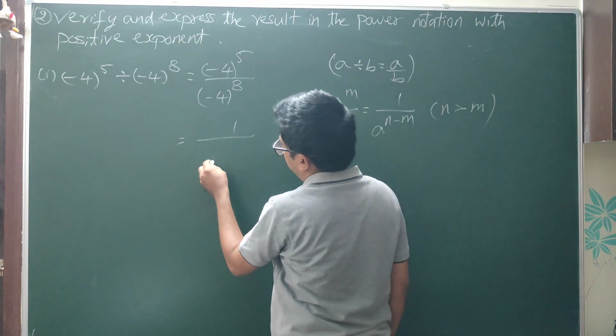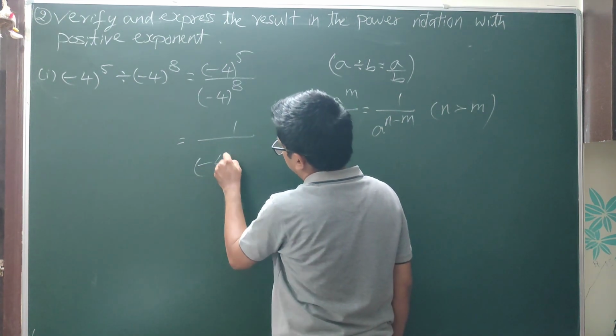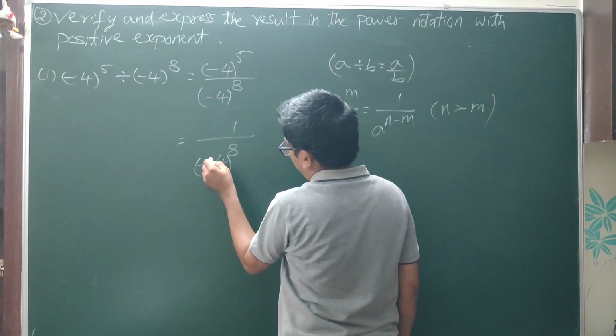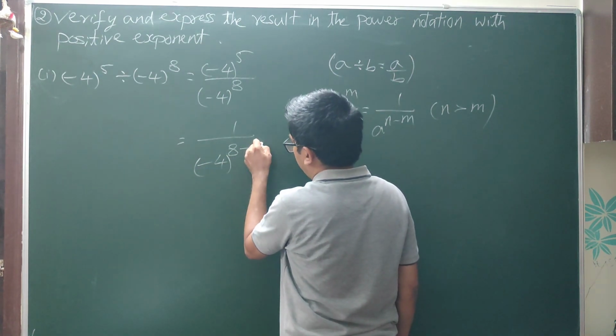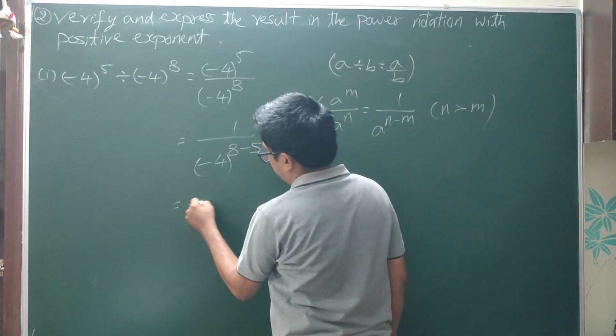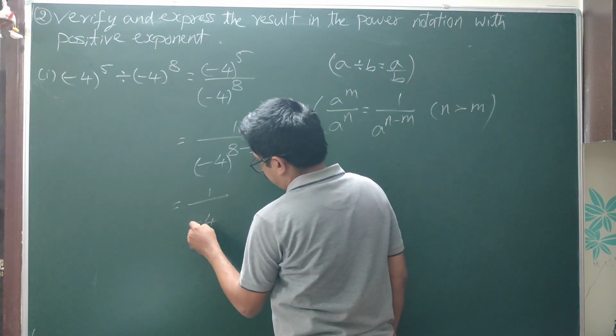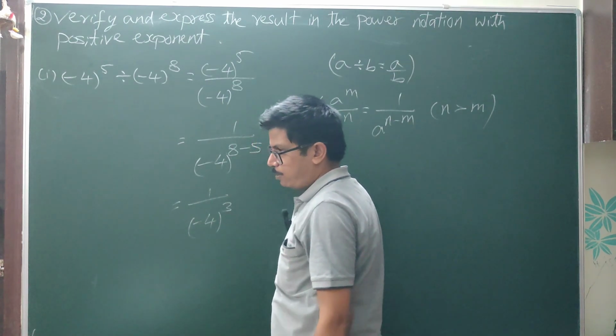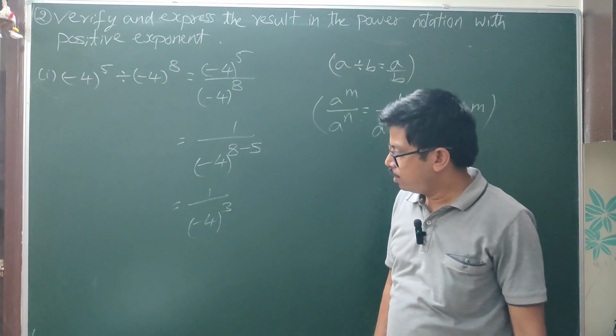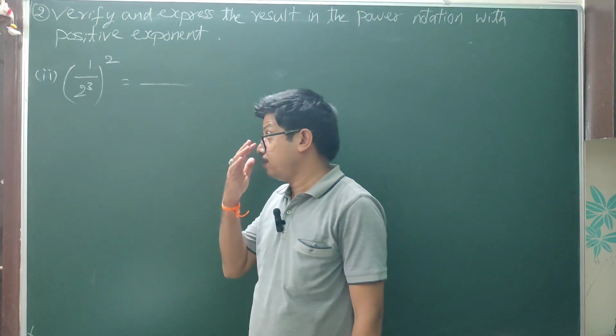So equal to 1 by minus 4 whole power 8 minus 5, which is equal to 1 by minus 4 whole cube. Up to here is enough. Let us go for second question.